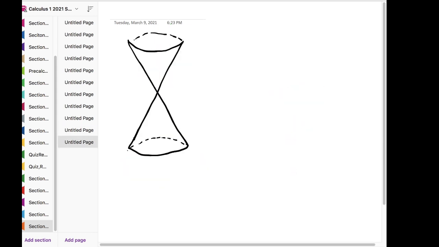The hint is it relies on these lines. If you take a cut that is parallel to one of these, that's what makes the parabola.